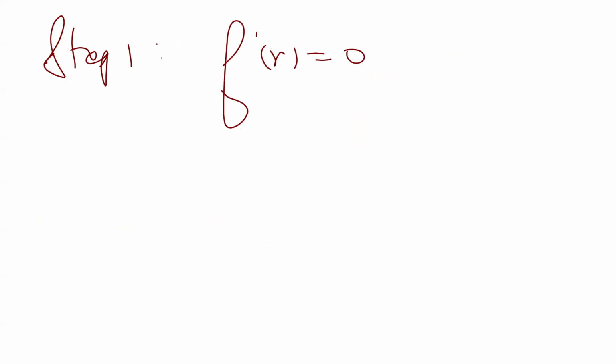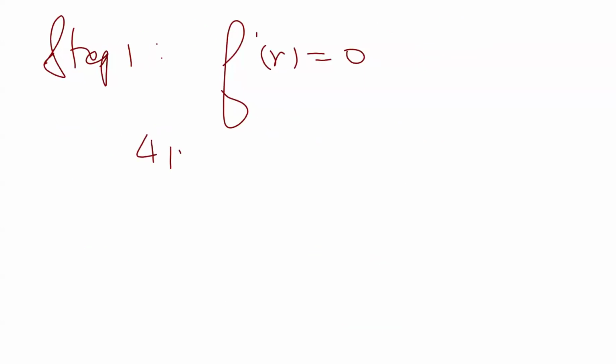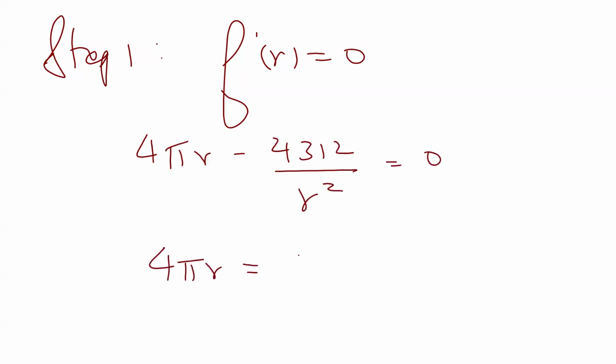There is no need to find the total surface area at the end; we need the radius of the base, so r will be found. So f dash r is 4 pi r minus 4312 upon r square, so 4 pi r is equal to 4312 upon r square.